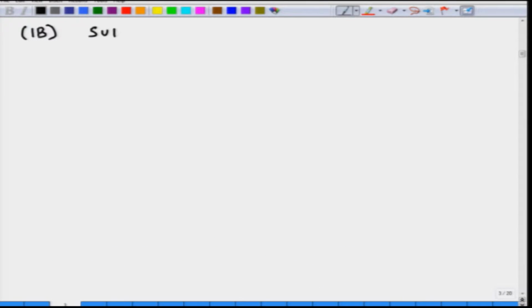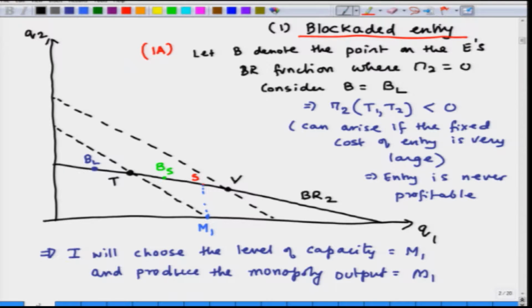Suppose B is equal to B sub S, and what is particular about B sub S? Here the entrant is earning positive profit at the point T, but it is gradually decreasing because the output of firm 1 is increasing and the output of firm 2 is decreasing, and eventually at the point B sub S, the profit of the entrant becomes equal to 0.